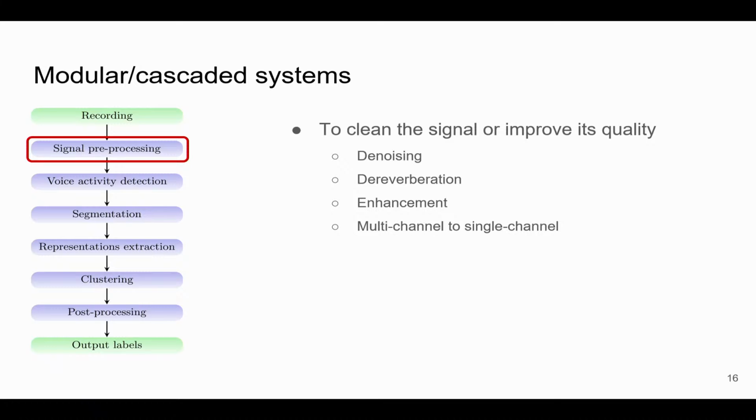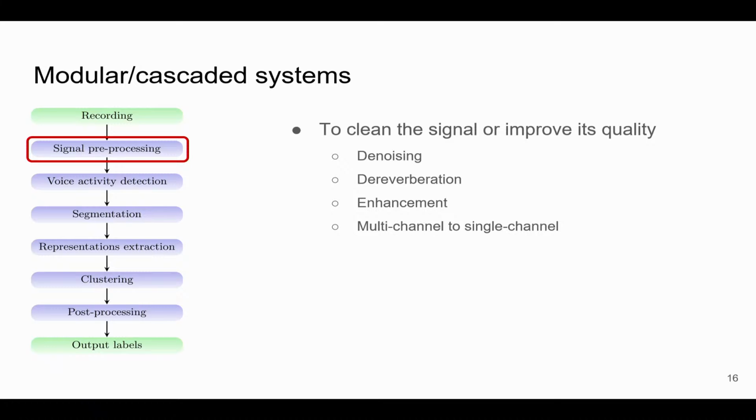We have this very first step of signal preprocessing, where we want to improve the quality of the signal. Options for this have been denoising, reducing background noises and reverberation, especially in a big room, where you might have quite a lot of it, or more in general, enhancement of the signal. Also, you might have several channels because you have a meeting room set up with a microphone array.